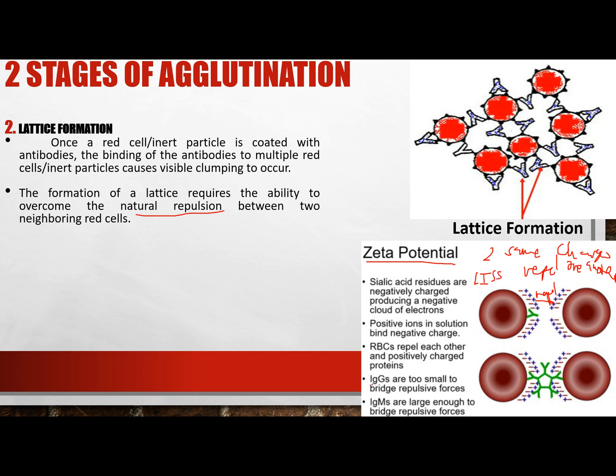Now, antibodies, specifically IgGs, are too small to bridge repulsive forces. This IgG class is in the form of a monomer. Mono, from the prefix meaning one, it's just a single antibody.